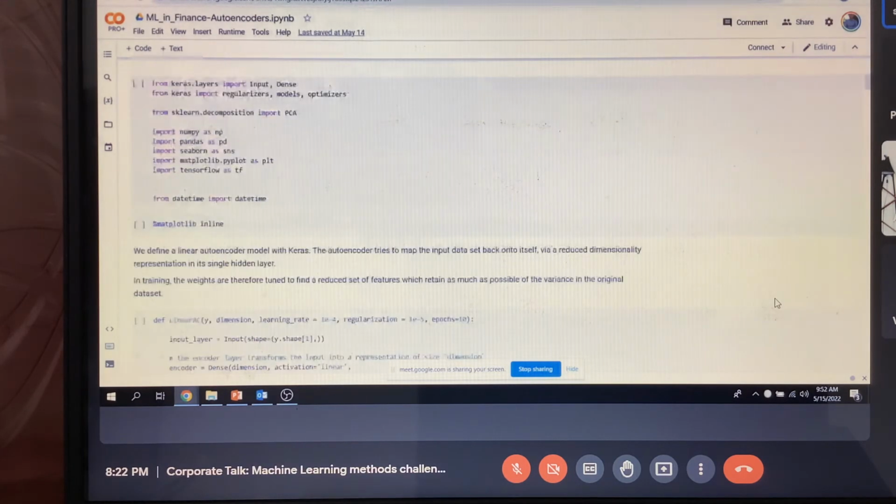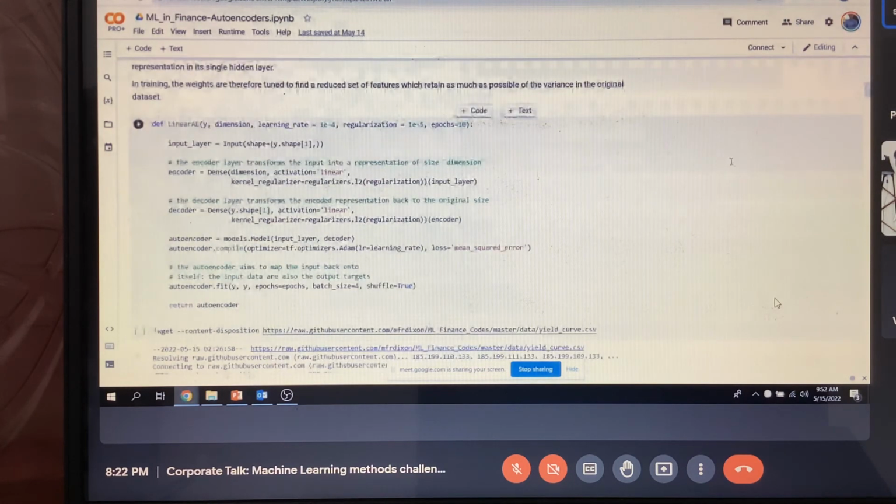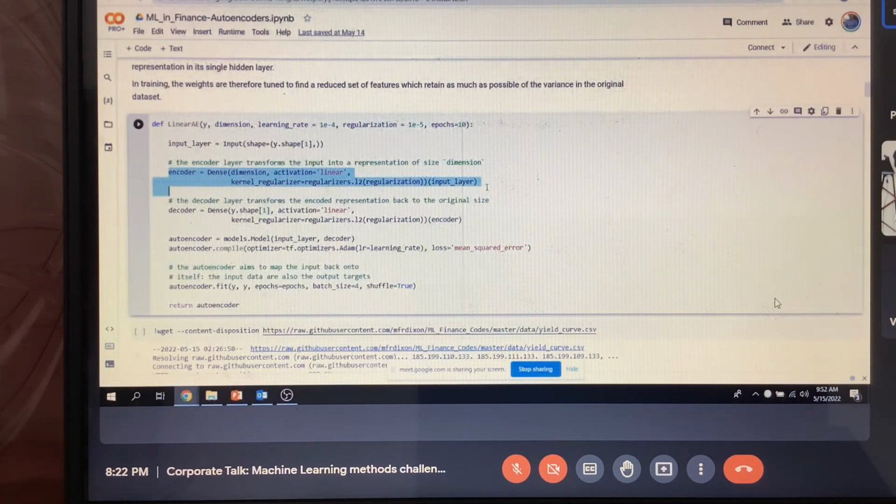So let me show you just the output. Here is some code, and what autoencoder does, it has an encoding layer. It encodes, reduces it to a lower dimension, and then decodes.